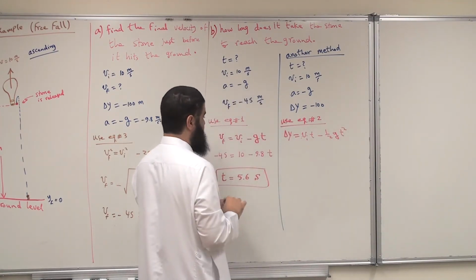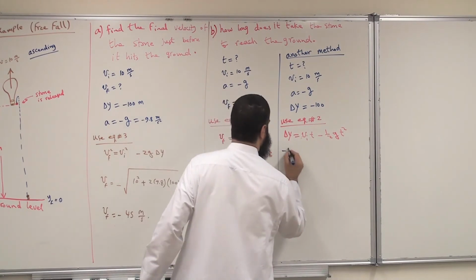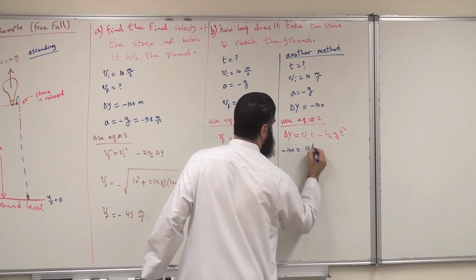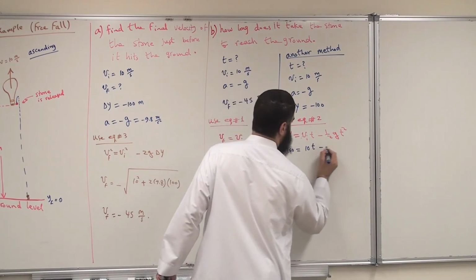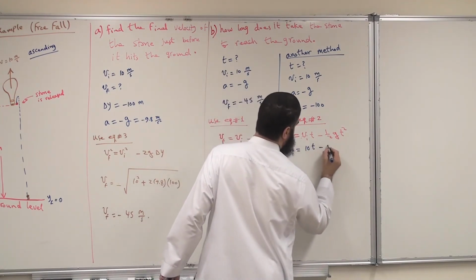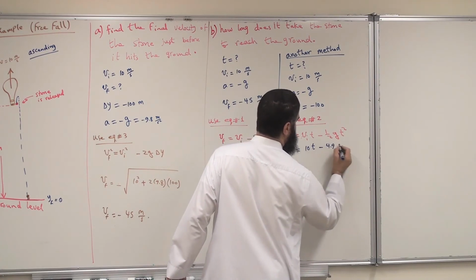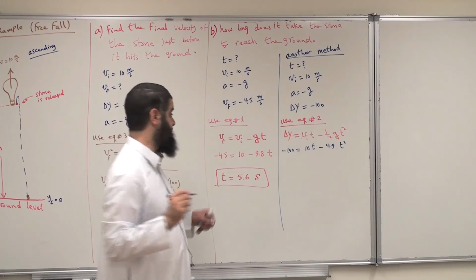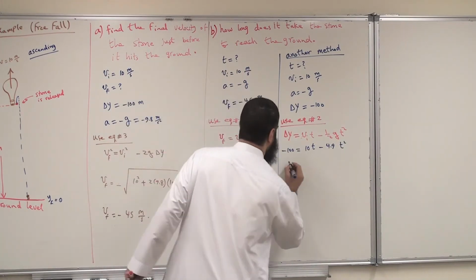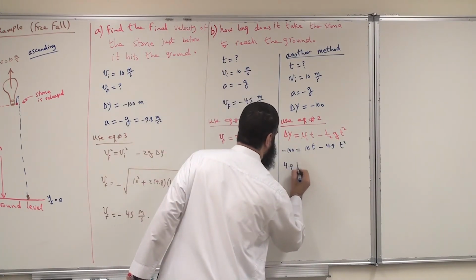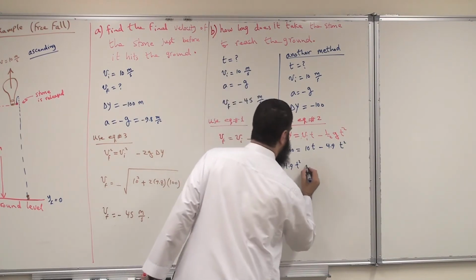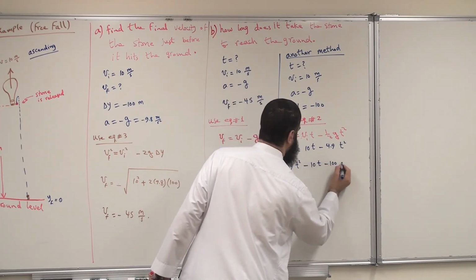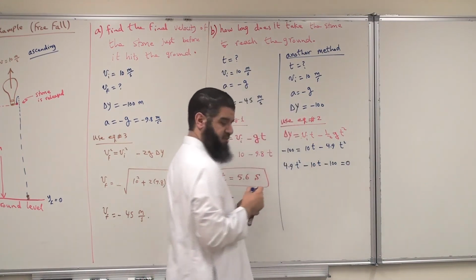If you plug in the numbers, you will have minus 100 equals v initial, which is 10, positive, upward, t minus half of 9.8, which is just 4.9, t squared. Then you have to rewrite this equation in this way: 4.9 t squared minus 10 t minus 100, all of this equal to 0.